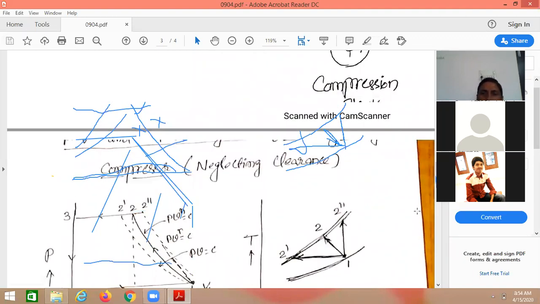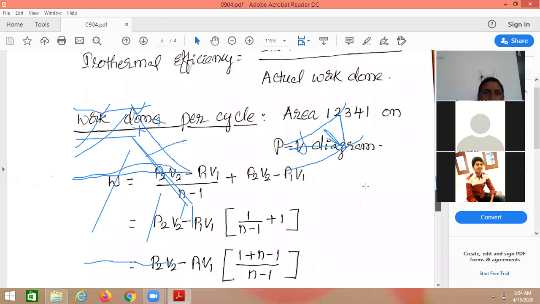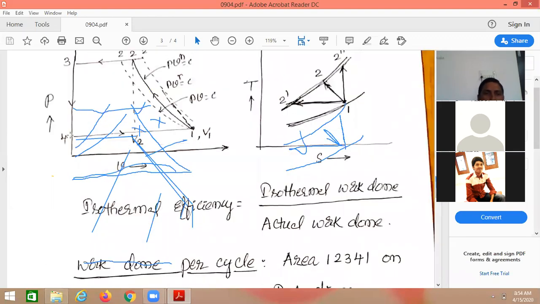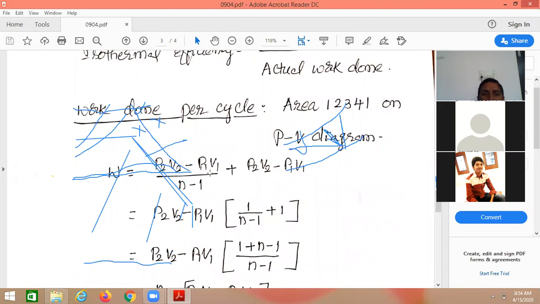Then we are subtracting the whole area. What is that area we are subtracting? P1 is the pressure at state point 1 and the volume here is V1, so that we are subtracting. So from there, what can be obtained? (P2 V2 minus P1 V1) by (n minus 1), and here is P2 V2 minus P1 V1.